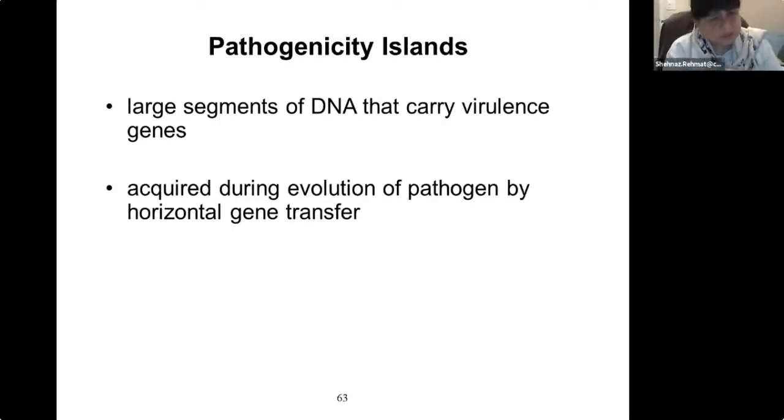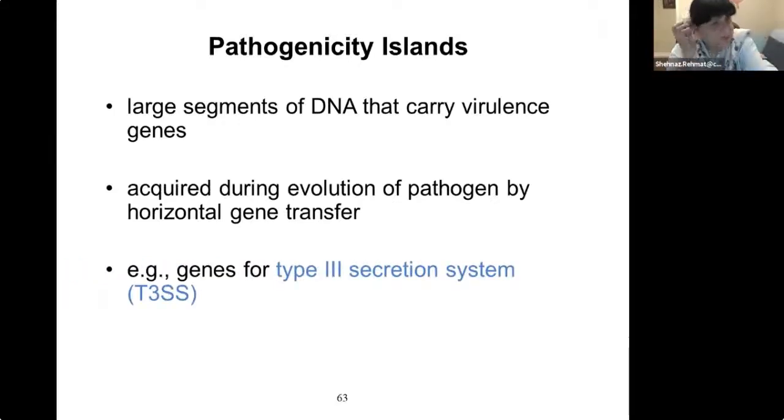So horizontal gene transfer between related bacteria may occur in nature and during evolution, and this way, having those pathogenicity islands on the plasmids usually will be easy for the cells to exchange between them, so that a new bacterium will take on this pathogenic property.